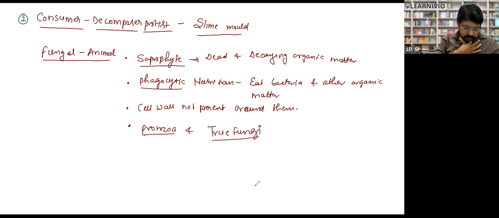So, where is the cellulose-like structure? They have some cellulose-like structure.